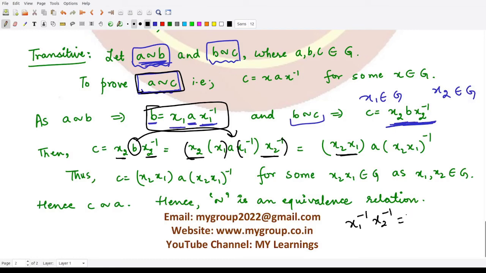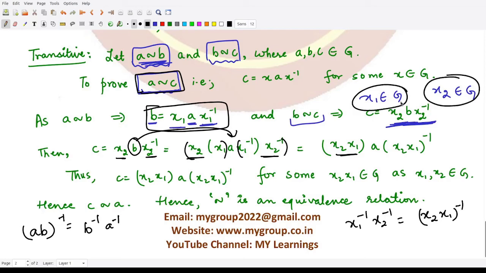By the law of inverse, you may write this as x2 x1 whole inverse. Why? Because (AB) whole inverse is equal to B inverse A inverse, right? So using this, we have x1 inverse x2 inverse equal to x2 x1 inverse. So you see, because x1 was some member of G and x2 was some member of G, we also have their product, x2 x1, as a member of G, right?